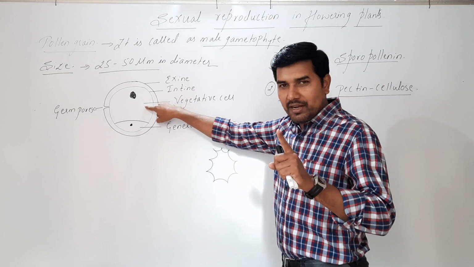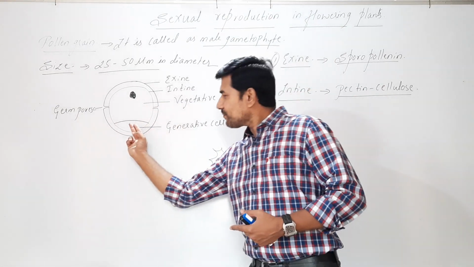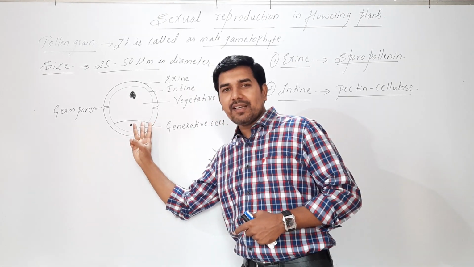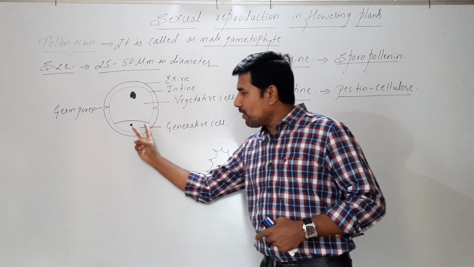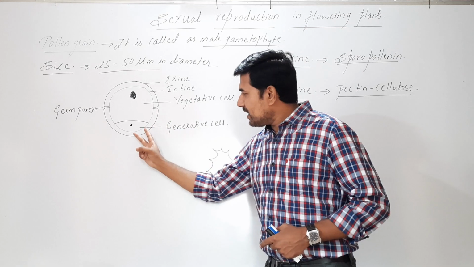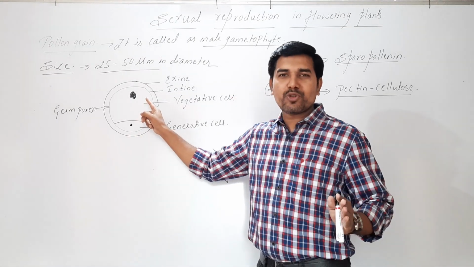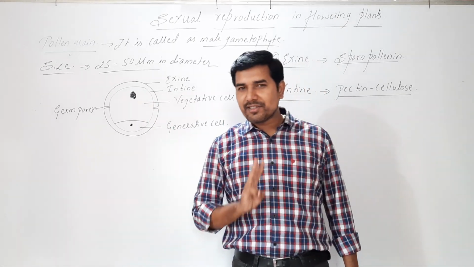One vegetative cell, and the generative cell undergoes mitosis to divide into two, forming two male gametes. Hence there are two generative cells and one vegetative cell. The remaining 40% of angiosperms shed the pollen grains at this three-celled stage.